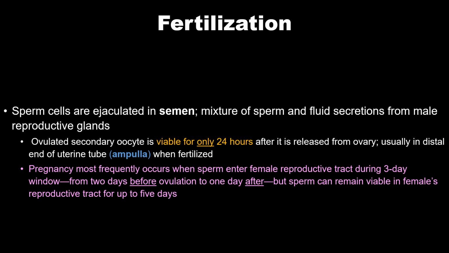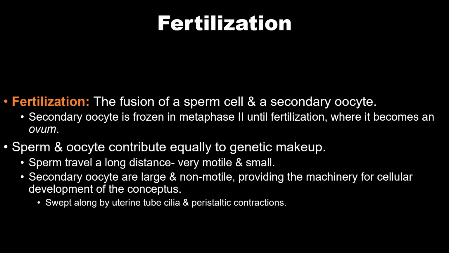Now, as I've said, fertilization is the fusion of the sperm cell and the secondary oocyte to form a zygote. Now, I want you guys to remember that this secondary oocyte that was released during ovulation is sort of frozen in metaphase 2 because it just doesn't continue meiosis 2 until it becomes fertilized.